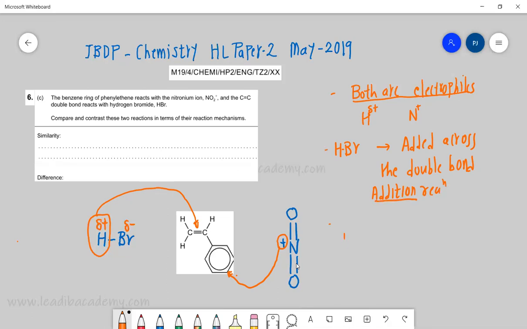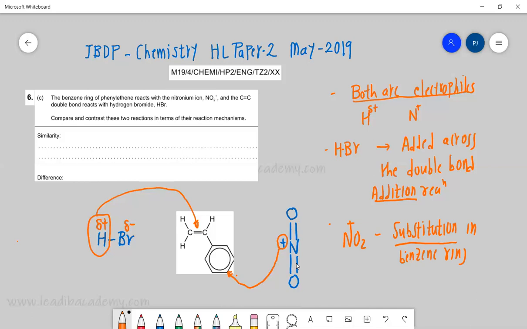While in the case of NO2 plus, the nitronium ion, there is substitution in the benzene ring, because we know the benzene ring is extremely stable, so we cannot add so easily. It can get substituted, and we cannot break the benzene ring, because we would lose the aromaticity, which is very, very difficult. So these are the differences.